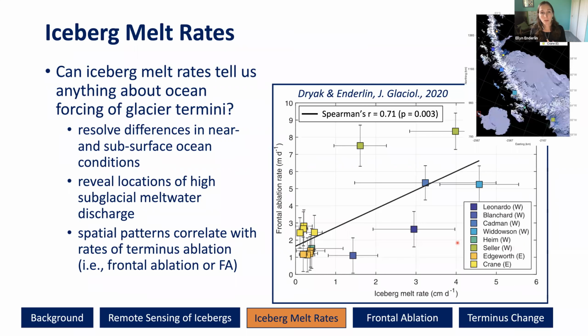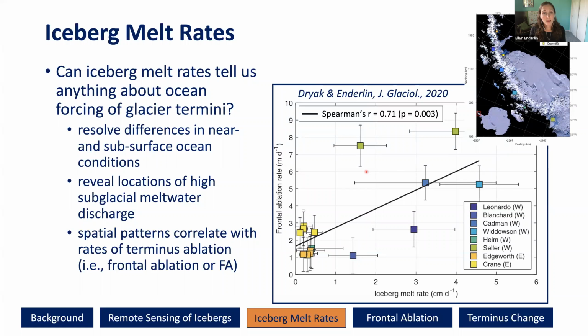And finally, for Mariama's paper, she really wanted to see, can we get any sort of correlation between iceberg melt variations and glacier frontal ablation? And that's what this plot is showing you. It's showing you the iceberg melt rate for all these different sites along the Antarctic Peninsula, shown in this map, versus frontal ablation.